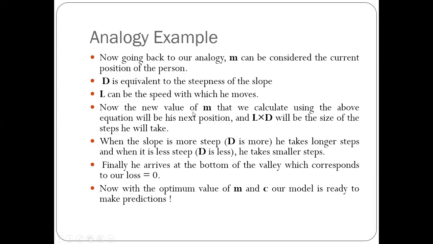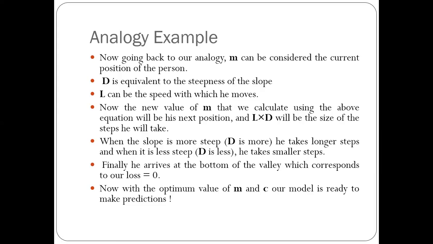Now, the value of M, next M, depends on the current value as well as the slope and the step taken by the person: how steep the valley is, and whether that particular person takes a larger step or a smaller step.